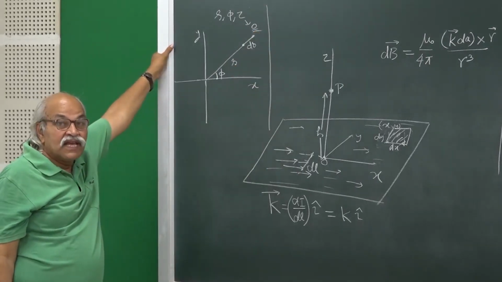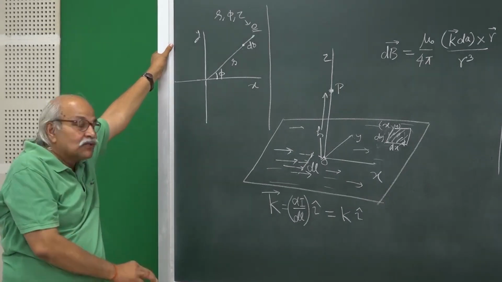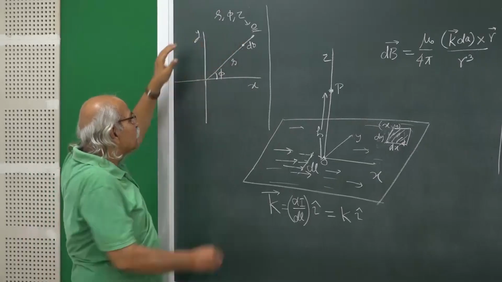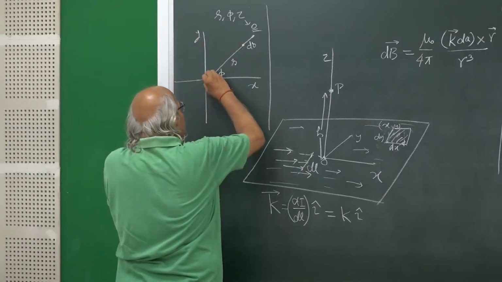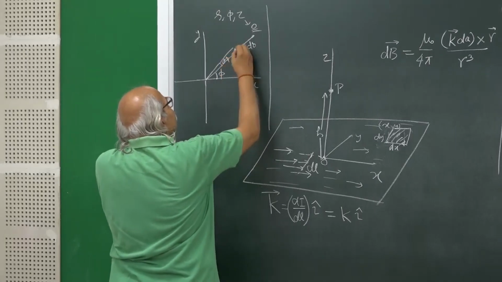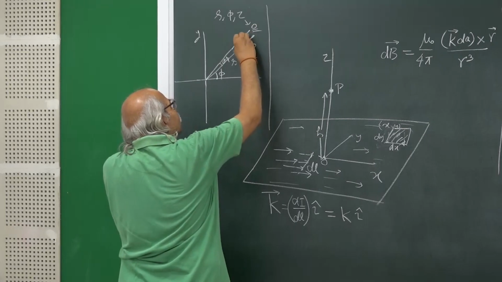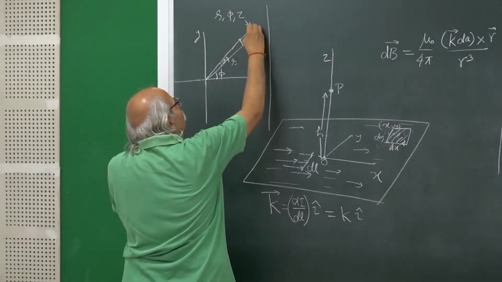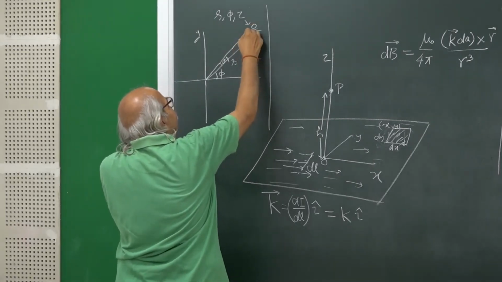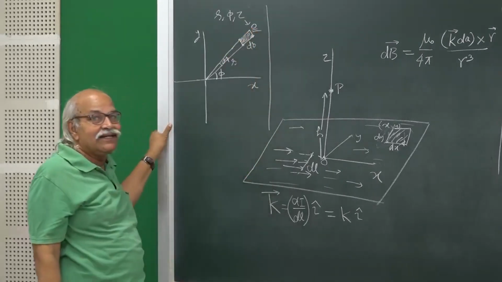Now, change phi to phi plus d phi. So, this is phi and we want to change this phi to phi plus d phi. That means, we will be rotating, this angle will be d phi, and rotating like this. So, this will go here, this will go here, and this is the area we are interested in. This will be our area element.